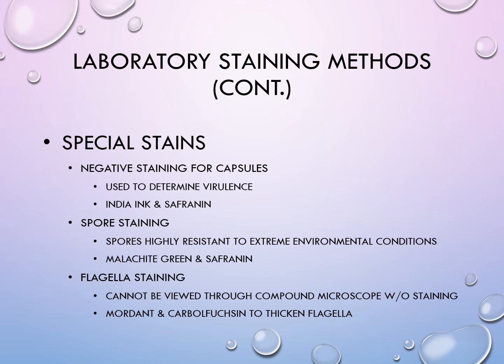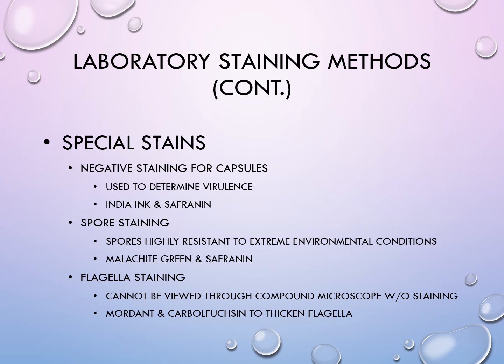To finish up our discussion about stains, we're going to talk about some special stains. And special stains are typically used for three reasons. One, for the negative staining for capsules, for spore staining, and for flagella staining. So for capsule staining, it's really difficult to stain these because the capsules do have a tendency to dissolve in water.